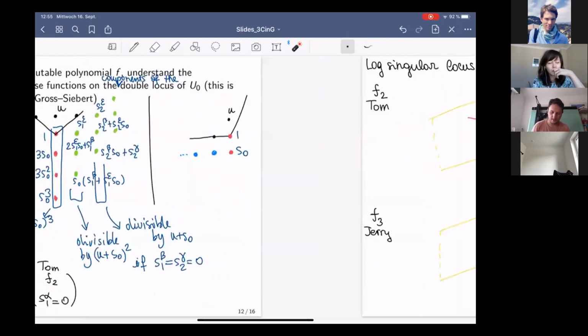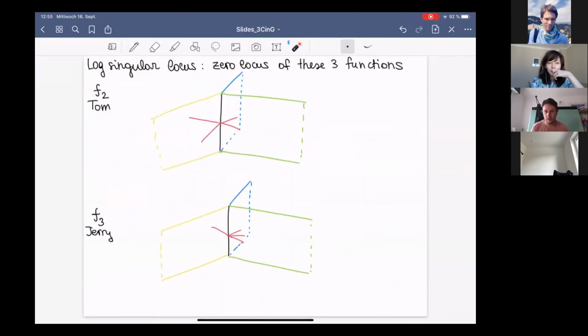So basically, if I consider the log singular locus, which is the regions where the zero locus of these functions, these are curves inside the double locus, then these curves can be singular.